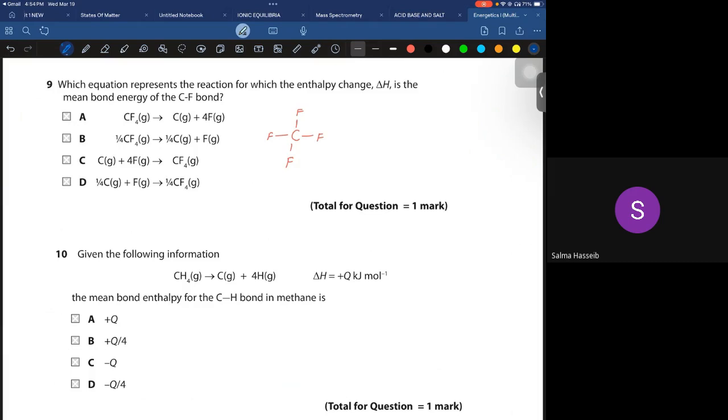The answer is B, because I have to find out one carbon hydrogen bond. They have given CH4, which is 4x, and I have to find out x. So 4 is multiplying over there, and it would be dividing by 4, that would be q by 4. This is positive q, so that's why the answer is B, not D.